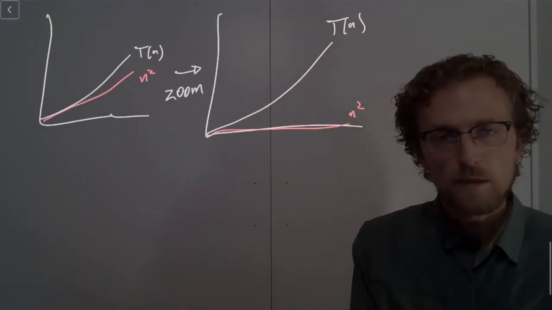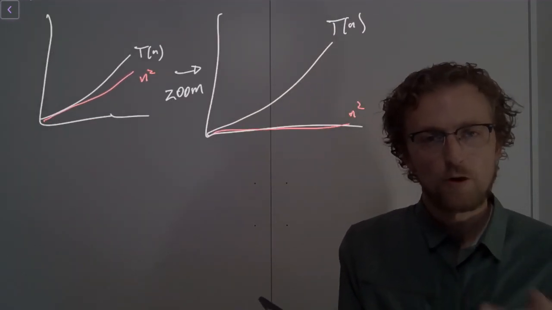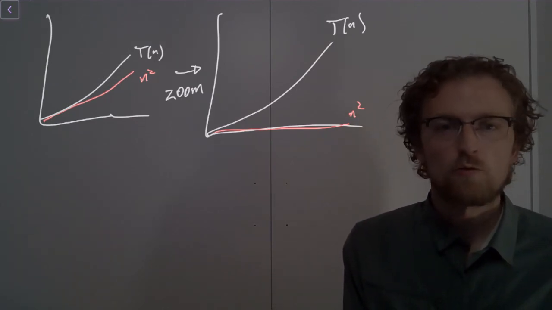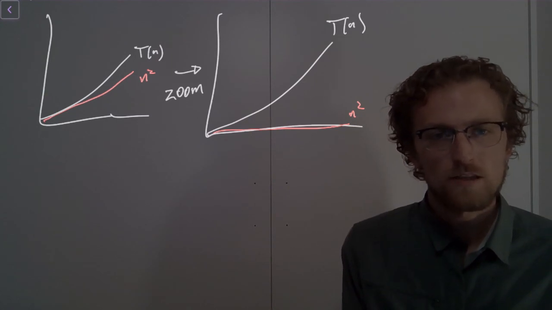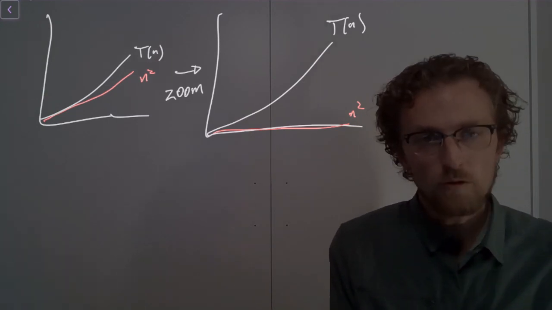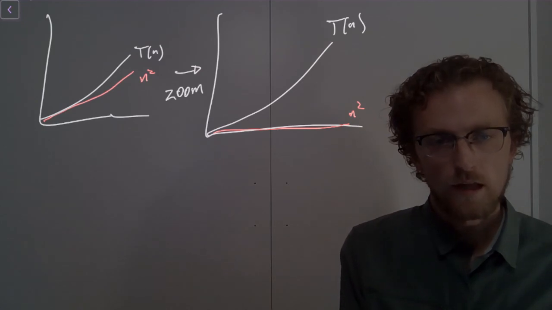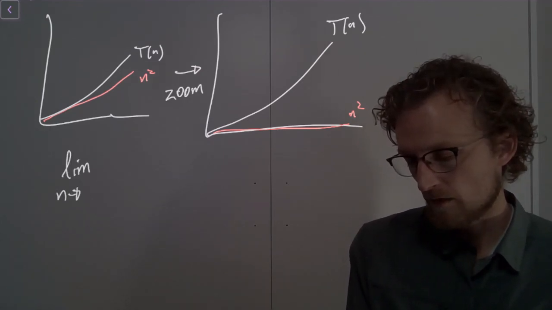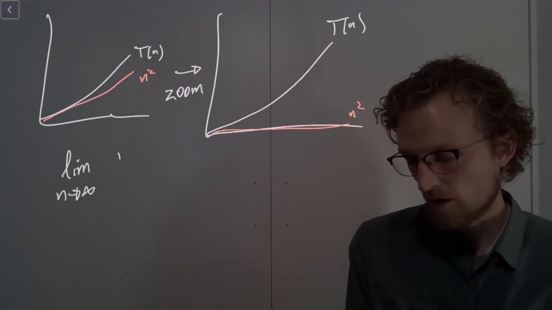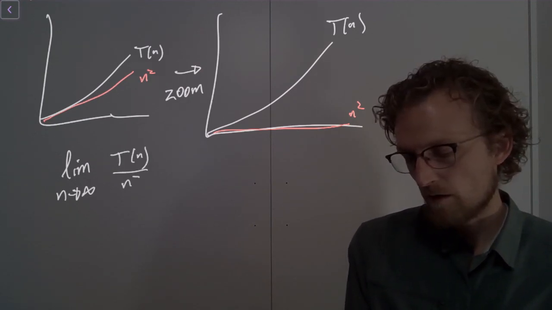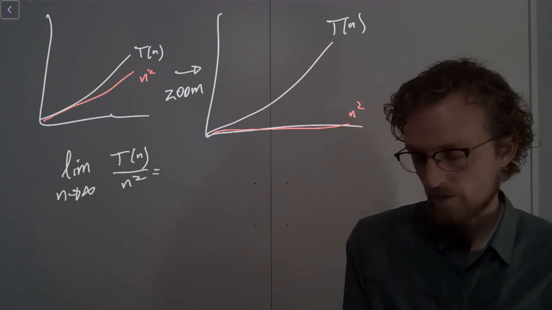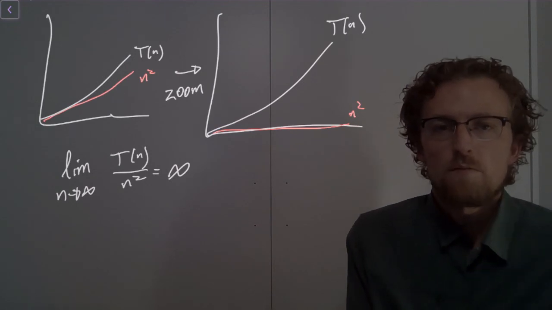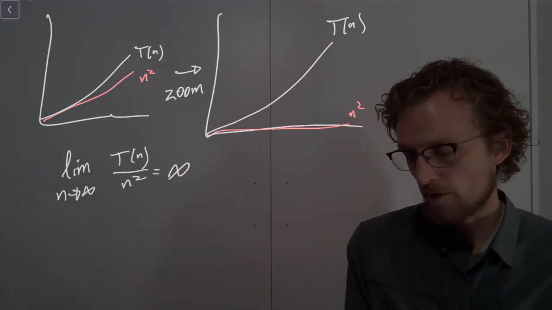So what does this mean? Or at least what version of the limit would this correspond to? Well, this would say t of n is running away from n squared. So t of n can become unboundedly larger than n squared. And so the limit as n gets very large of t of n over n squared would evaluate to infinity. It means that t of n gets unboundedly larger than n squared.